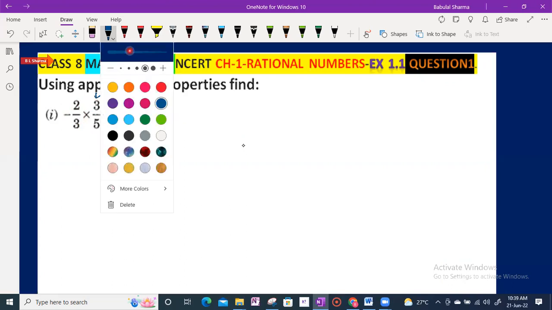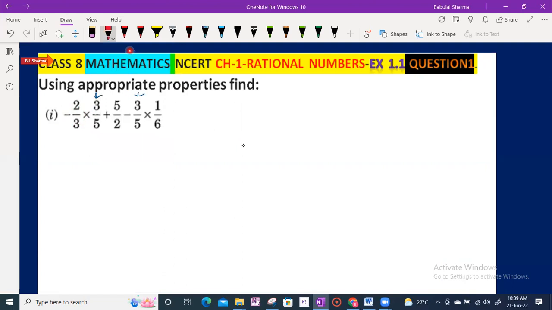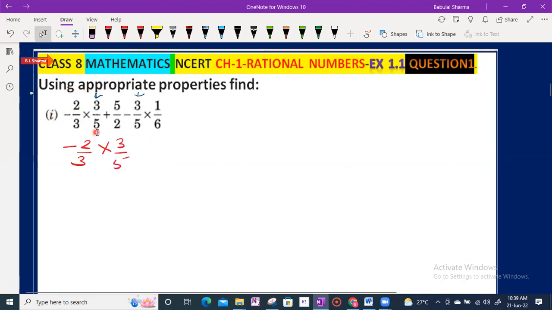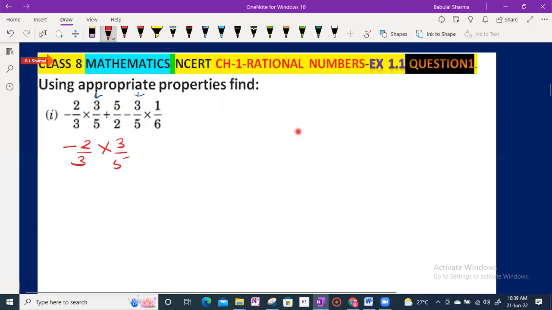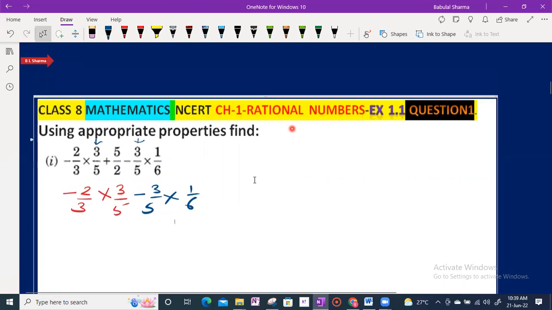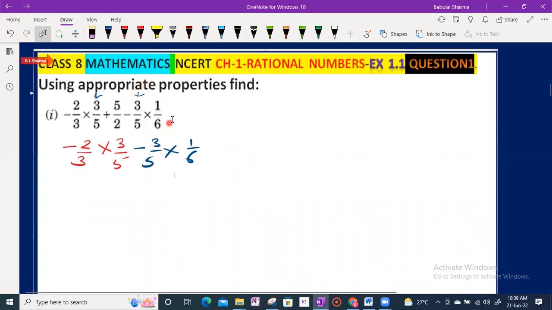कैसे देखिएगा, we write -2/3 into 3/5, that is first, this one. And now we take, means regrouping में ये जो -3/5 वाला पार्ट है, this part, we can write -3/5 into 1/6. अब ये plus 5/2 left बच गया है.